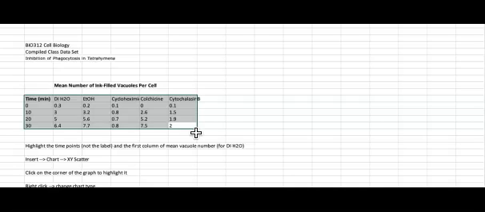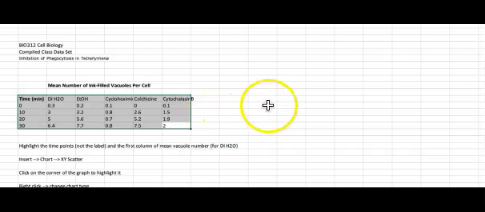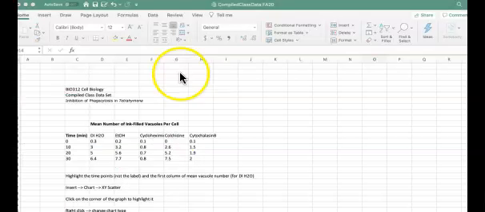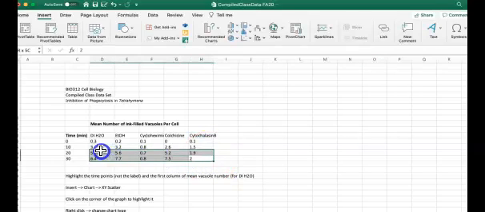Now remember, Excel refers to a graph as a chart. So I have to go in and ask Excel to insert a chart. If you go up to the menu bar, you can click where it says Insert. I'm also going to re-highlight my data because I got that removed.